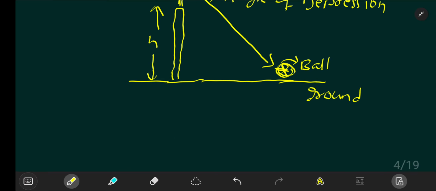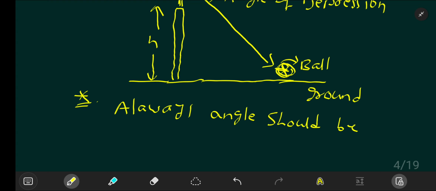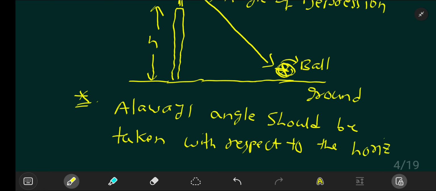So, when he looks downwards, the angle of depression will form. Now, I will say an important statement. Just note it down.